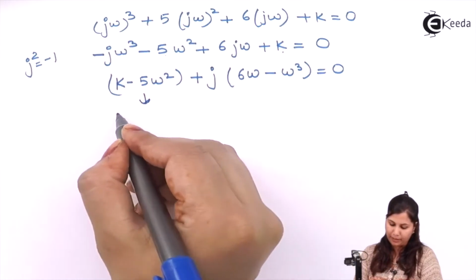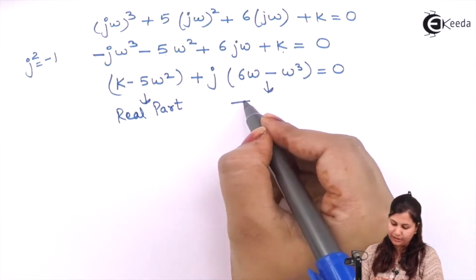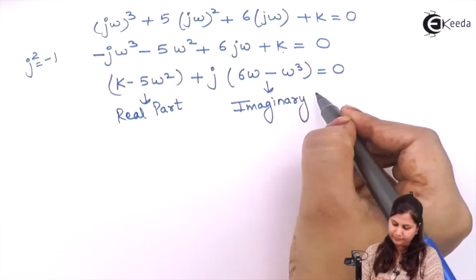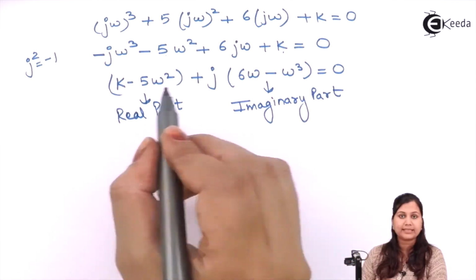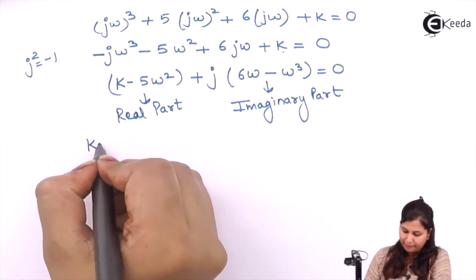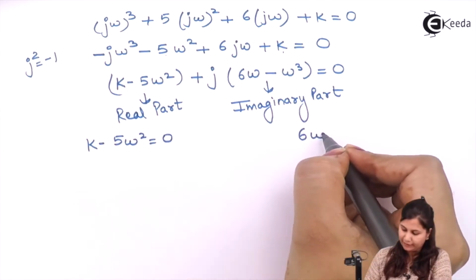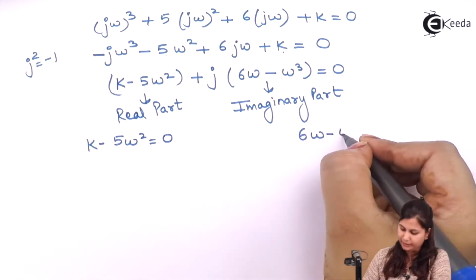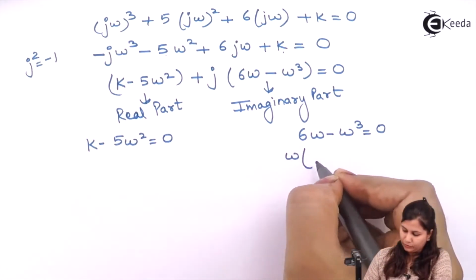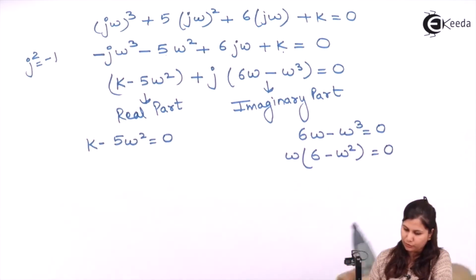This is our real part and this is the imaginary part. Equating these real and imaginary parts to 0, we have K minus 5 omega square equals to 0, and here we have 6 omega minus omega cube equals to 0. Take omega common, we have omega(6 minus omega square) equals to 0.